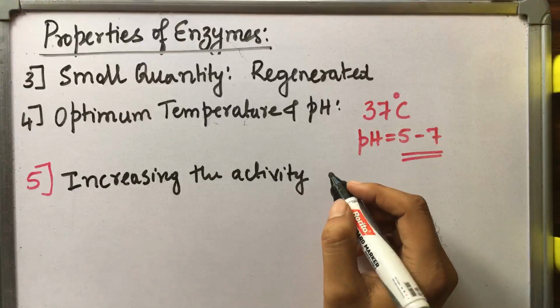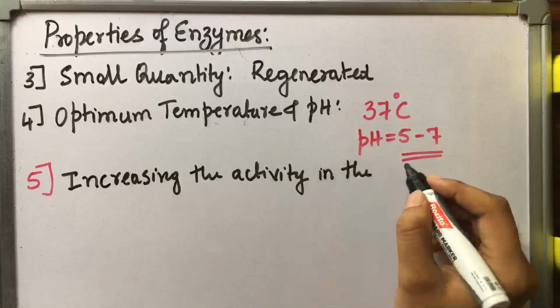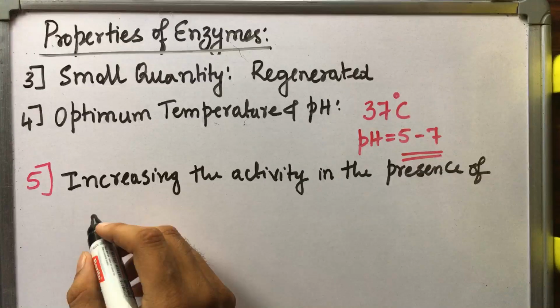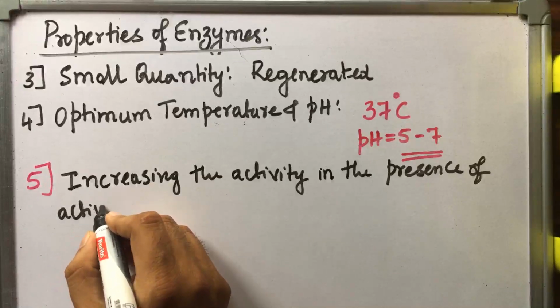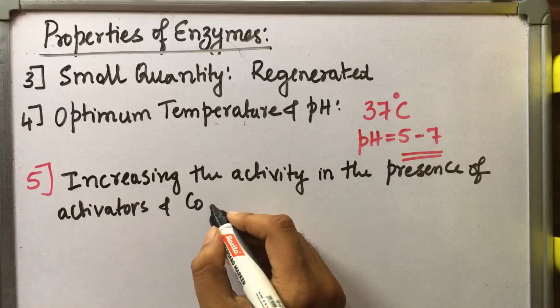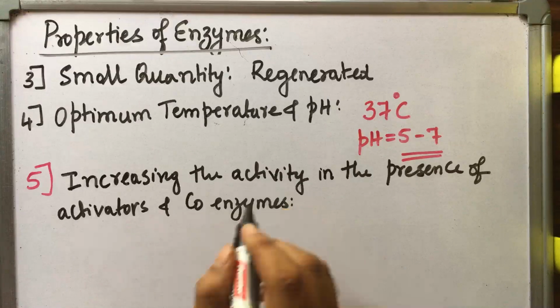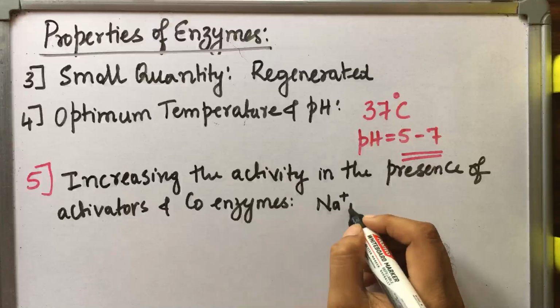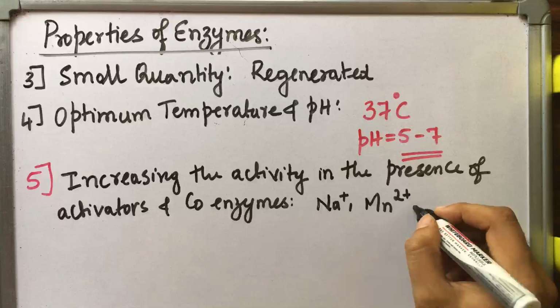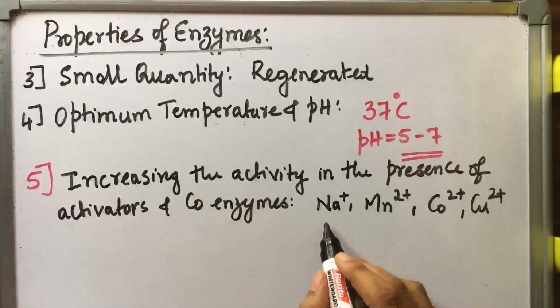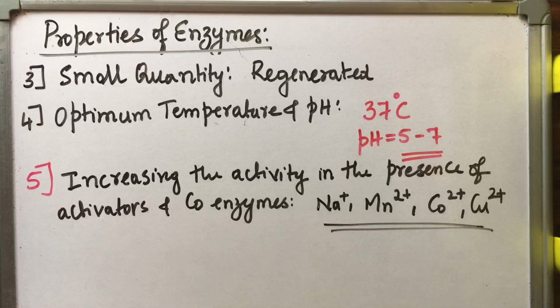Increasing the activity of an enzyme catalyst happens in the presence of activators and coenzymes like Na+, Mn2+, Co2+, or Cu2+, etc. The presence of these, which we call coenzymes or activators, would enhance the efficiency or increase the activity of an enzyme catalyst.